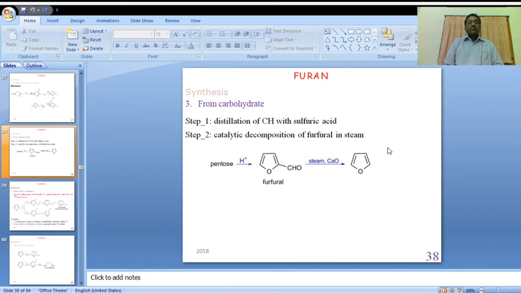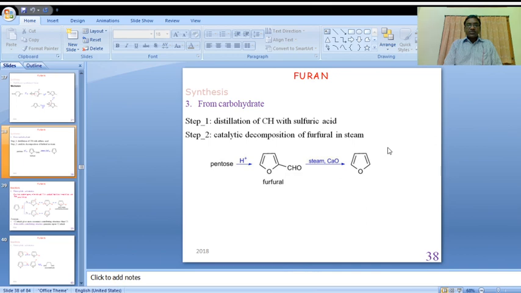Here please observe pentose, a carbohydrate, in the presence of acid, H plus ion. We will get furfural. Pentose is a sugar; pentose sugar in the presence of sulfuric acid, or we can use any strong acid, gives the intermediate furfural.